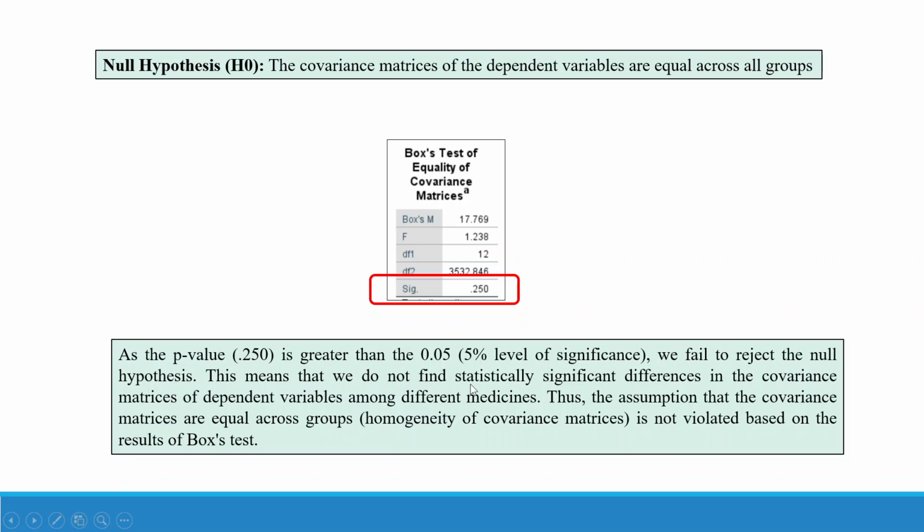This means that we do not find a statistically significant difference in the covariance matrices of the dependent variables among different medicines. Thus, the assumption of homogeneity of covariance matrices is not violated based on the result of Box's test. So this is quite good.